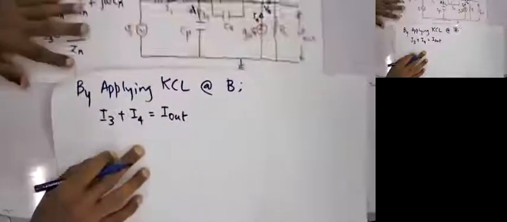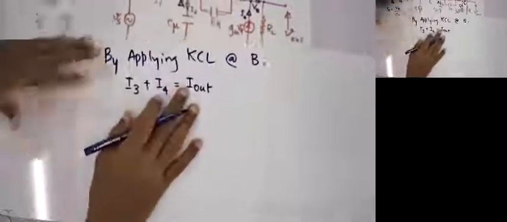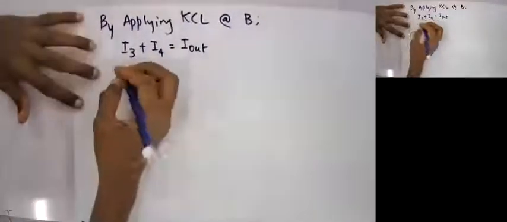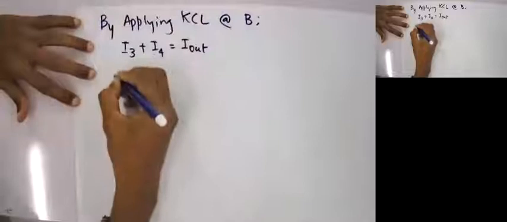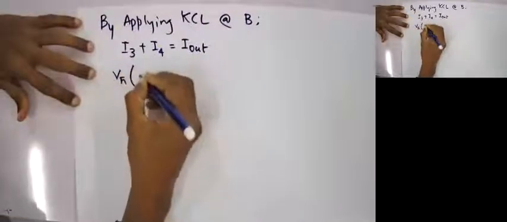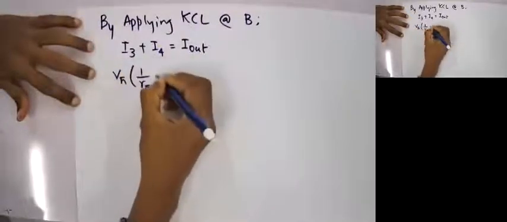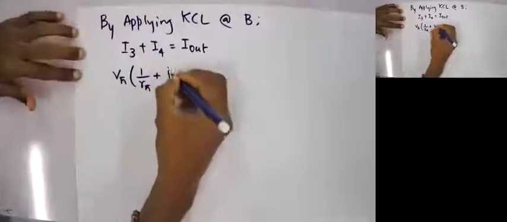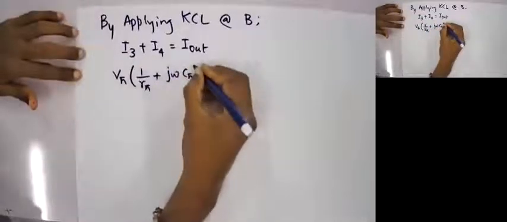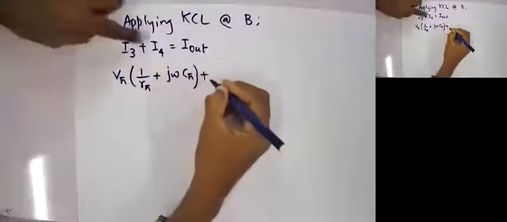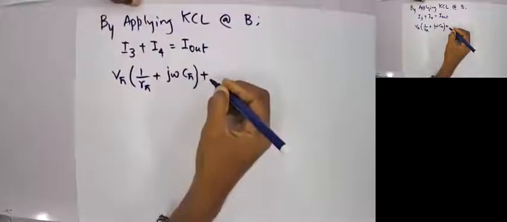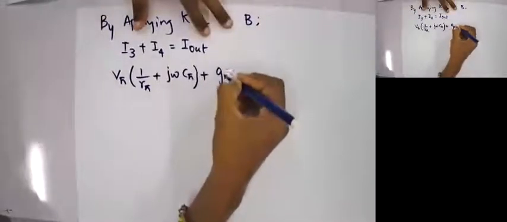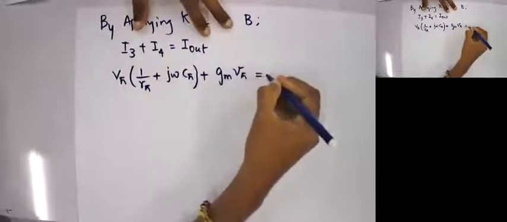So instead of I3, I can directly write V pi into 1 over R pi plus j omega C pi, plus I4 will be simply your Gm into V pi, which is equal to the output current, right?